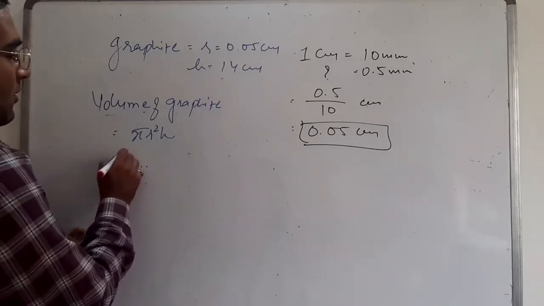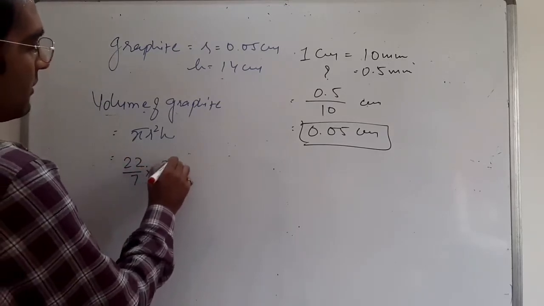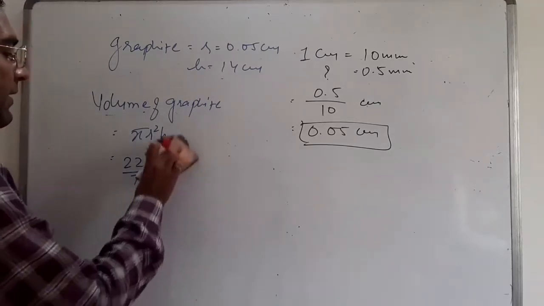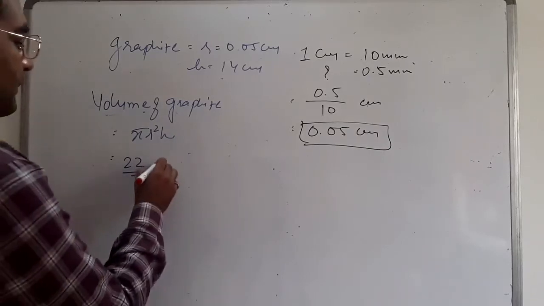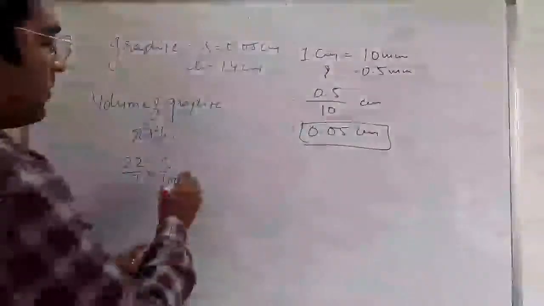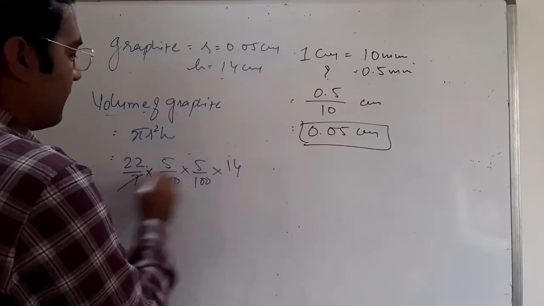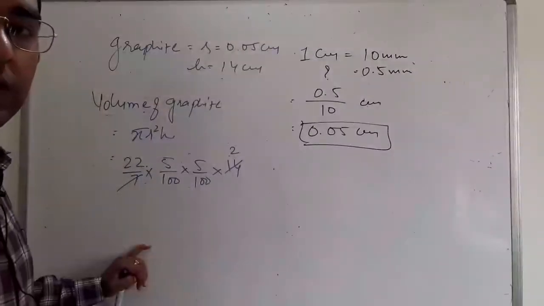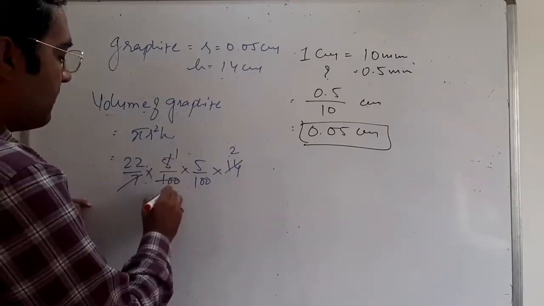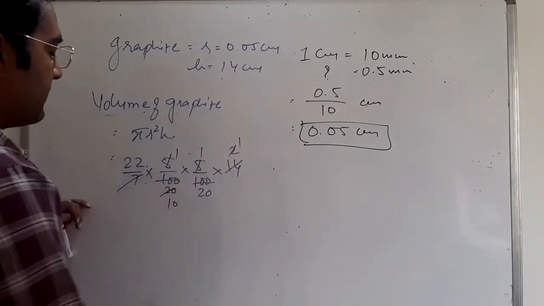So my pi is 22/7, radius is 0.05, so I'll take it as 5/100, into 5/100, into height 14. First of all cancel out: 7 2s are 14, and 5 1s are 5, 20s are 5 1s are 5, 20s are, now 2 1s are 2, 10s are.